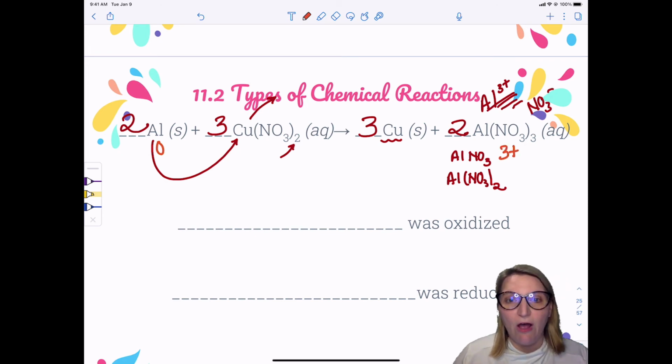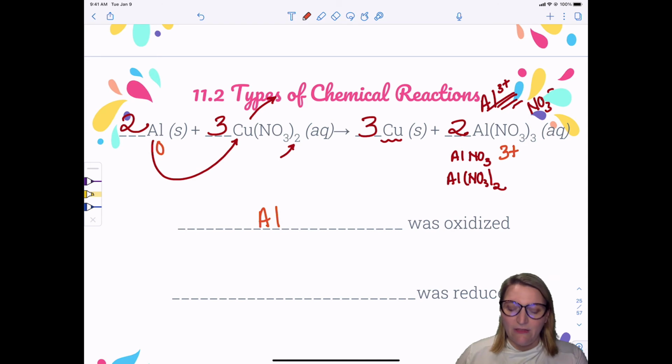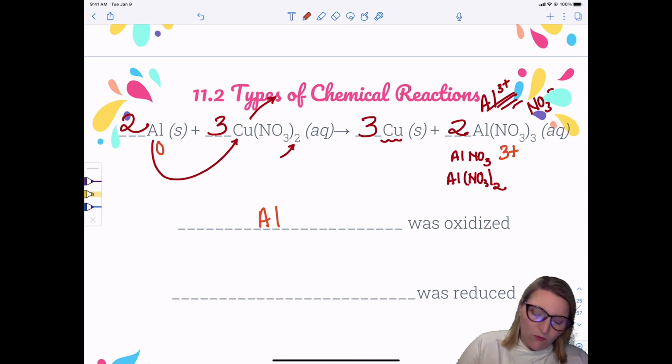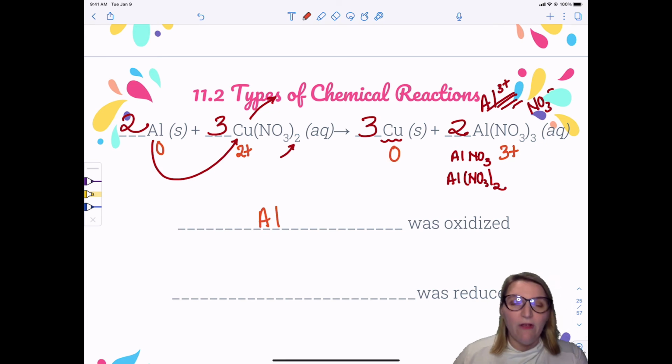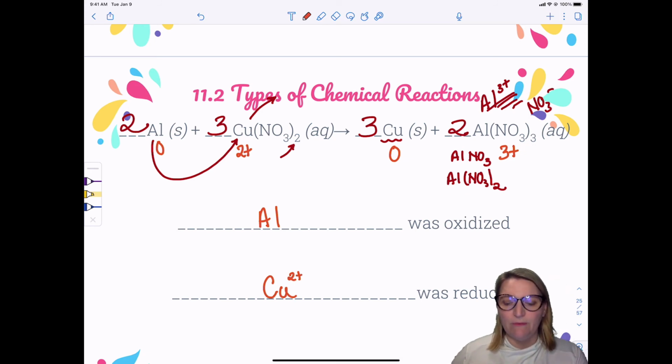It must have lost 3 electrons. So we can say that the aluminum was oxidized. Copper goes from being 2 plus to being neutral. So that must mean it must have gained electrons. So we would say that copper was reduced. Specifically, the copper ion was reduced.